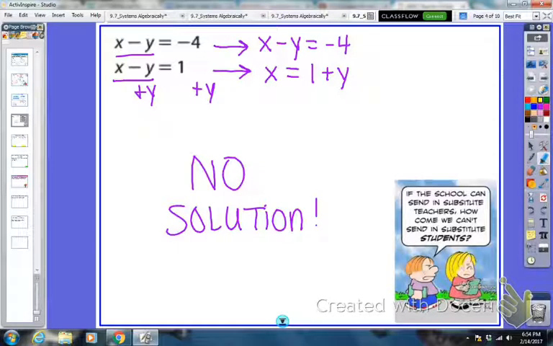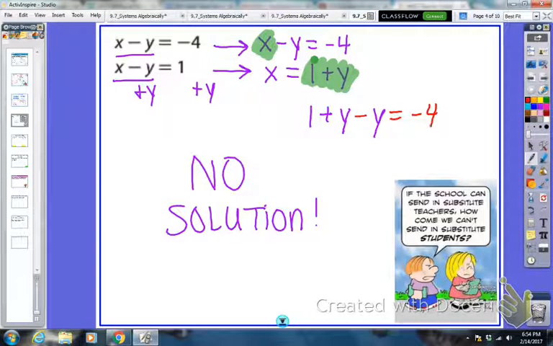So again, the teacher calls in sick. X wants to stay at home and rest up. So 1 plus y is the substitute for the x value. So you could have 1 plus y minus y equals negative 4. Well, y minus y, that's 0.